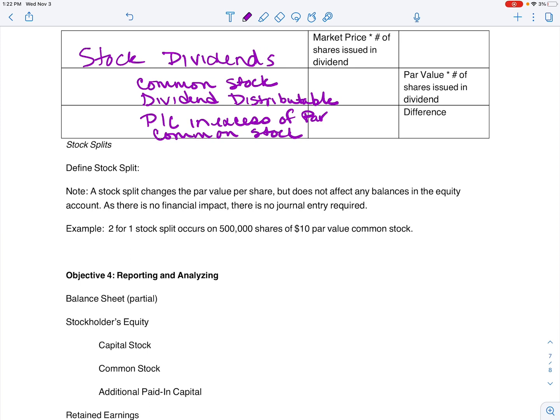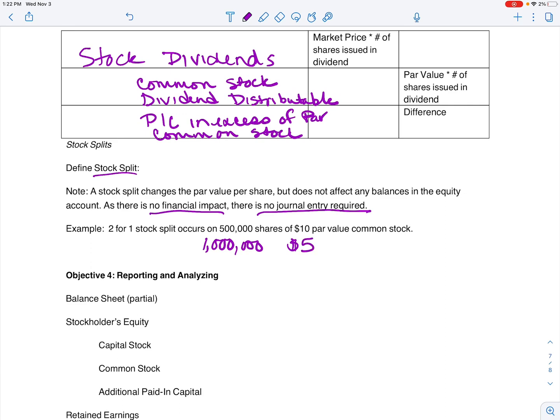And then we're going to define that stock split. A stock split means there's no journal entry because there's no financial impact. And I'll show you what that means. If we have a 2-for-1 stock split and we have 500,000 shares, all of a sudden now we have 1,000,000 shares. It's still $10, or it was listed at a $10 par value.